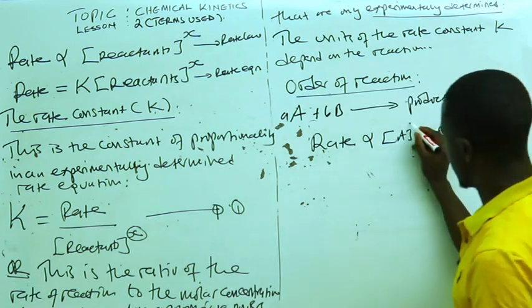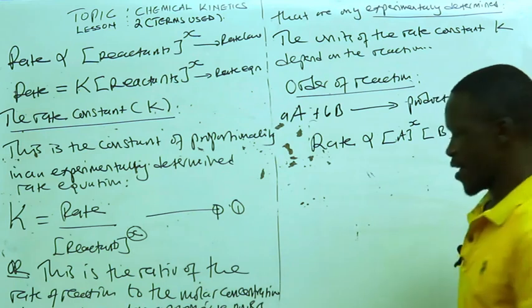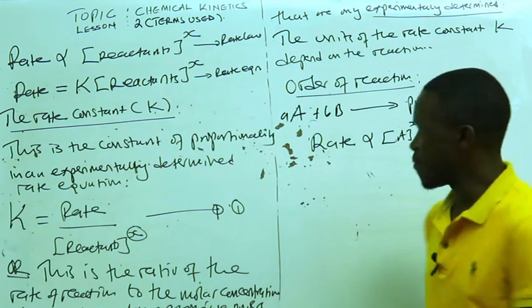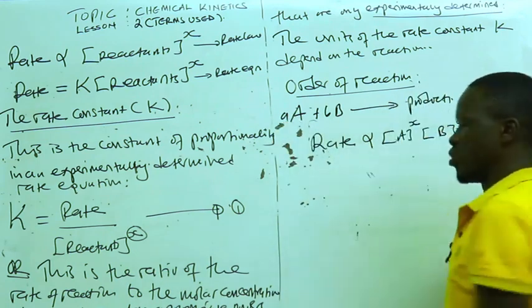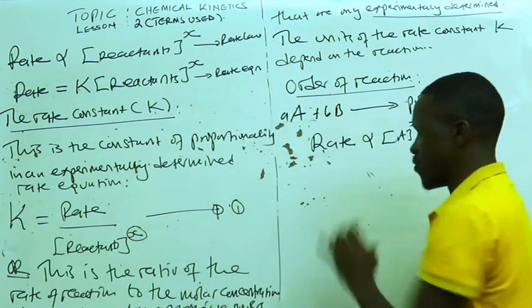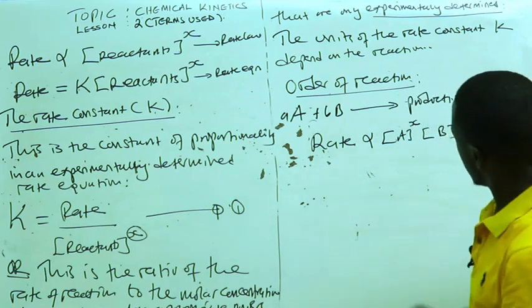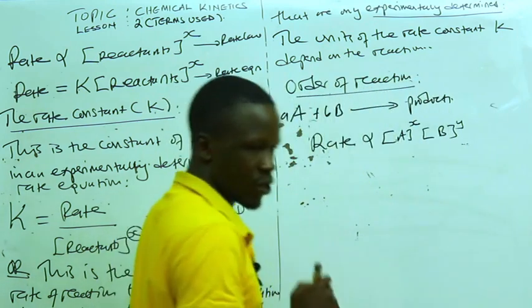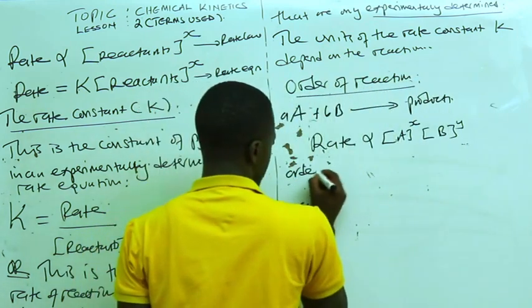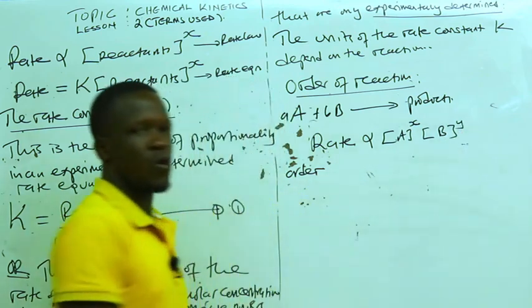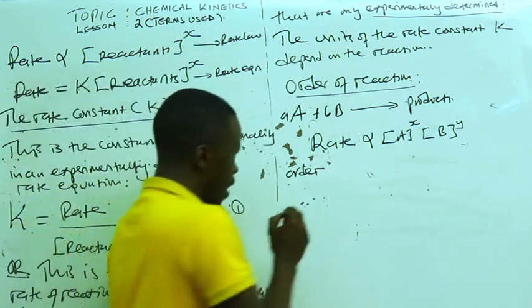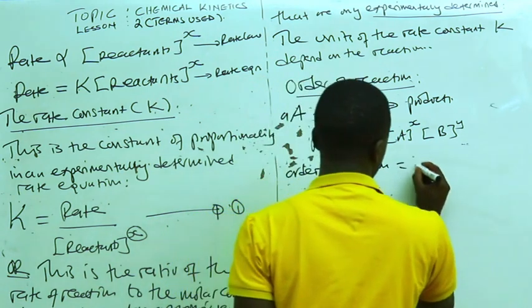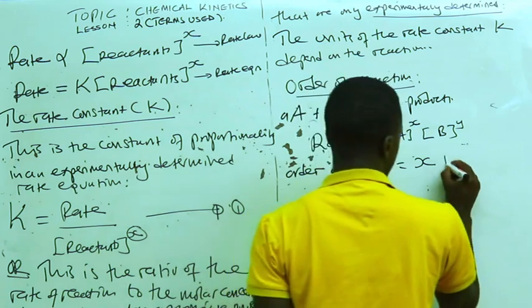So if this is x, this would be y. The values of x and y do not come from the balanced equation, do not come from the stoichiometry. So, in this case, each of these powers is an order of reaction, and the overall order of reaction will equal the sum of x and y.